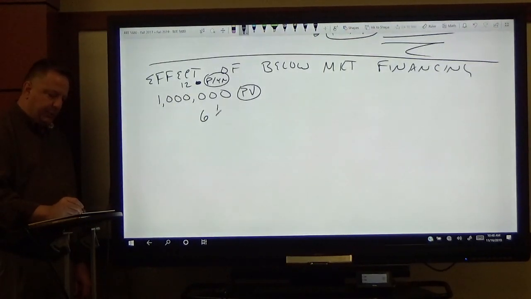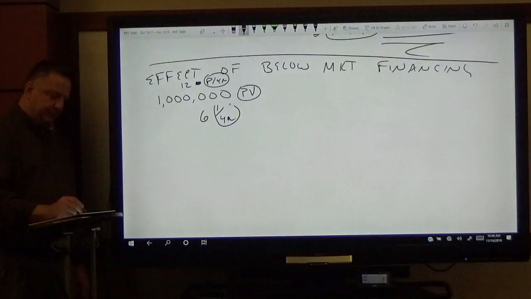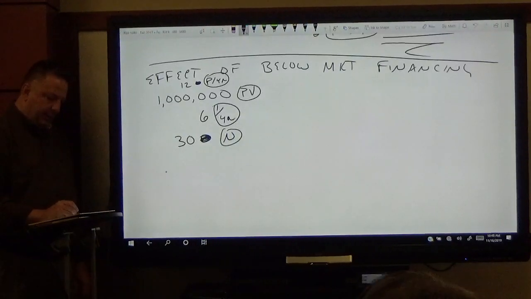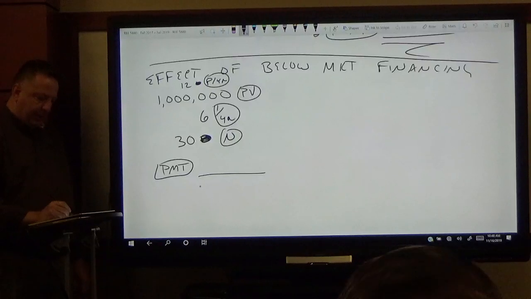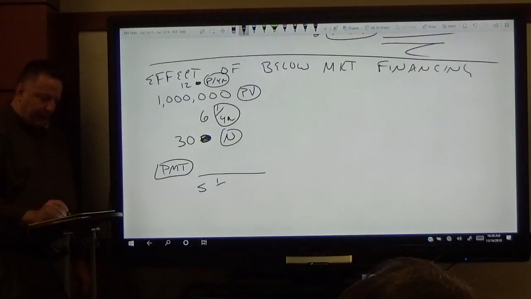So a 6% interest rate for 30 years, and let's get a payment. Then change the interest rate to 5% and get a payment.